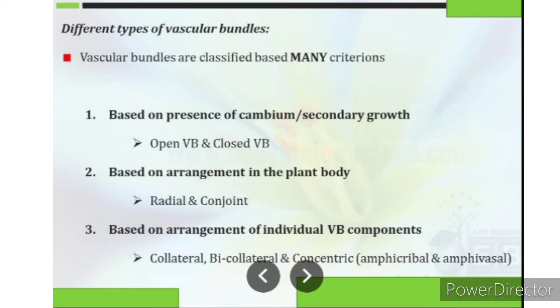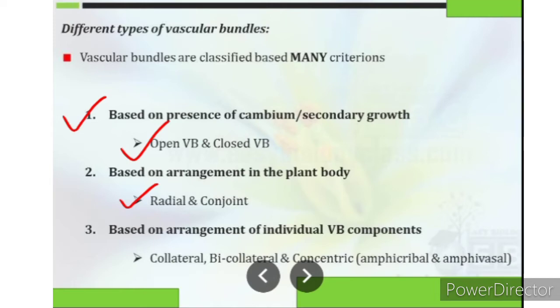First, based on the presence or absence of cambium, we can differentiate vascular bundles into two types: open vascular bundles and closed vascular bundles. In open vascular bundles, we find cambium between xylem and phloem. In closed vascular bundles, the cambium is absent. Based on the arrangement of vascular bundles in the plant body, there are two types: radial and conjoint.